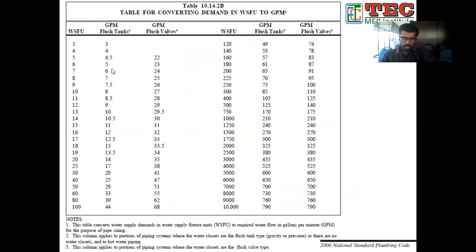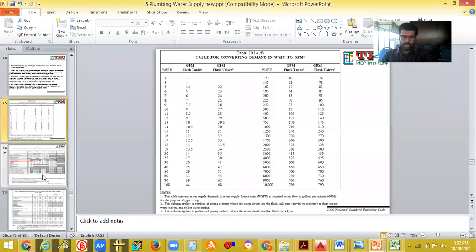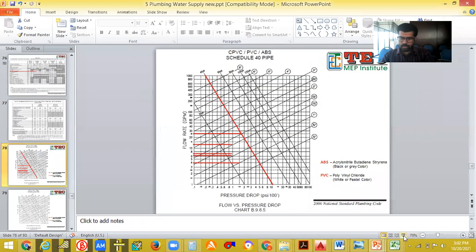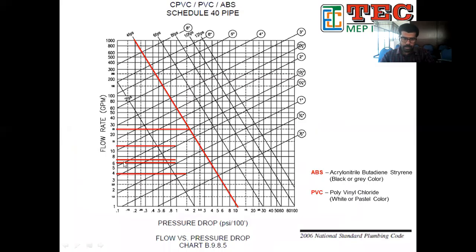I have two methods. I can go to this graph and find it with respect to 5 GPM. Go here, this is the 5 GPM, and it will come somewhere here. That will also be 3 by 4 inch. Or we can go to this Excel sheet.